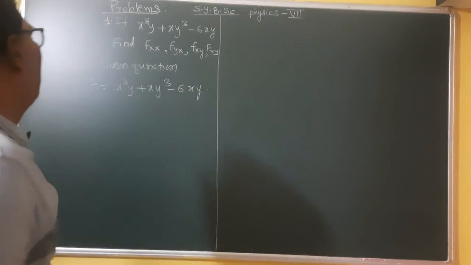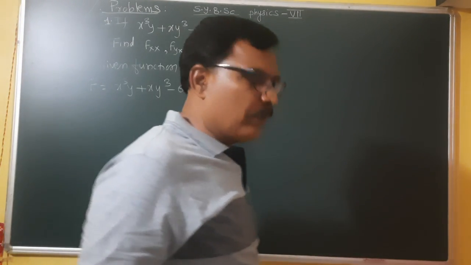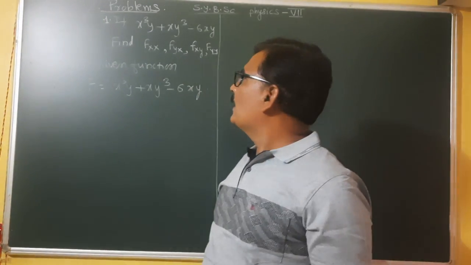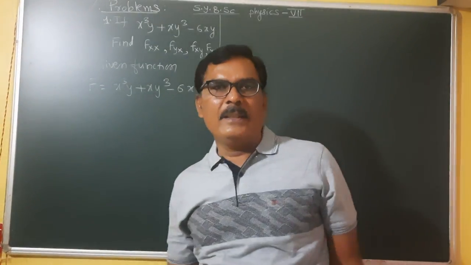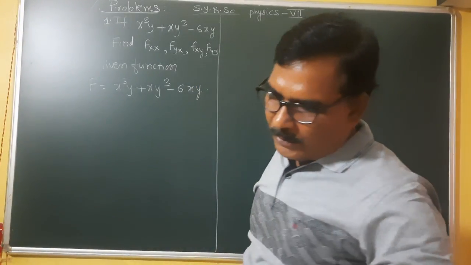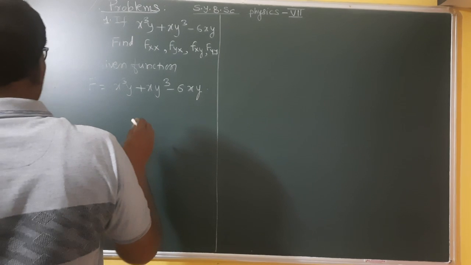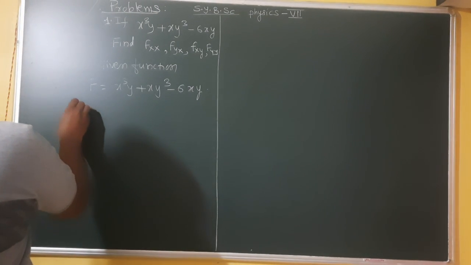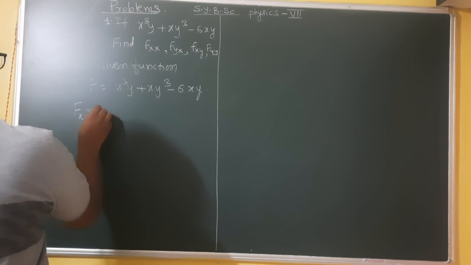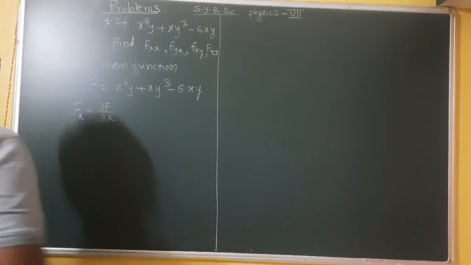From this we first have to find the first order derivative, that is fx. fx means dou f by dou x. This is the target we have.